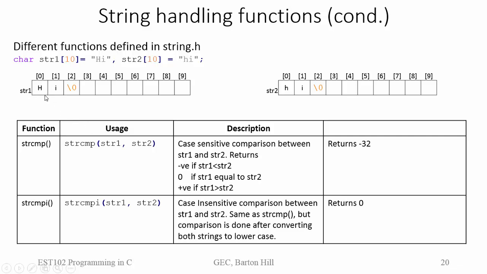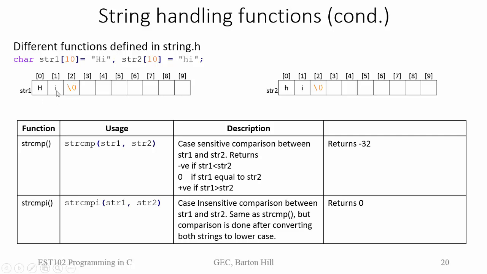Then it will take the ASCII value of the character at each index of str1 and str2. First it will take the ASCII value of the character at index 0 of str1 and str2, then find its difference. Here it is converted to small h, so the ASCII value of small h is 104. 104 minus 104 is 0, so it advances to the next index.